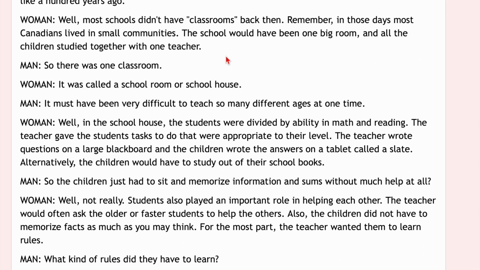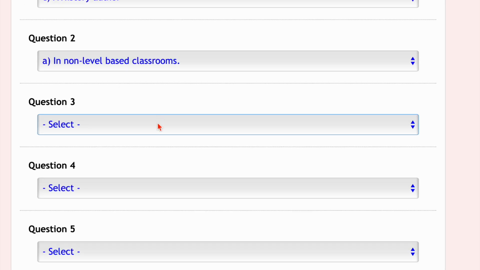It says here, ability in math and reading. It says right here again, the teacher gave the students tasks to do that were appropriate to their level. Okay, so according to their level.